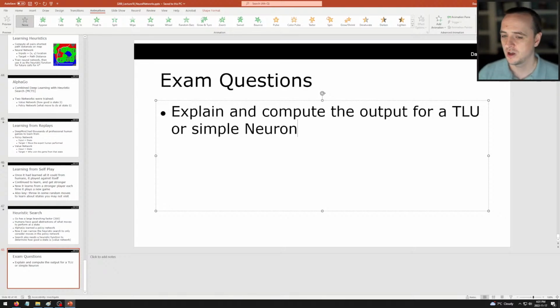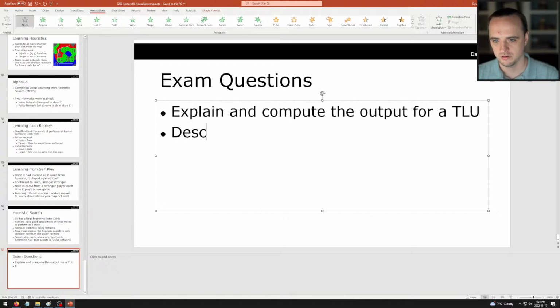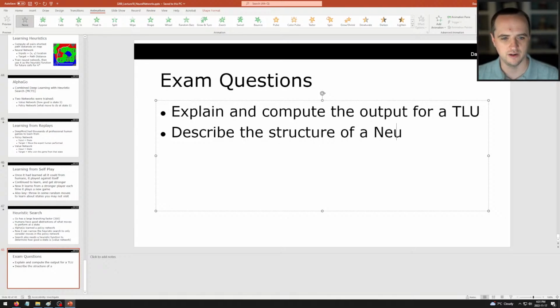So for example, I can give you weights and I can give you inputs and you will calculate the output of a TLU. I won't give you anything complex, I'll just say TLU. Describe the structure of a neuron. So that means an artificial neuron, not the biological neuron.